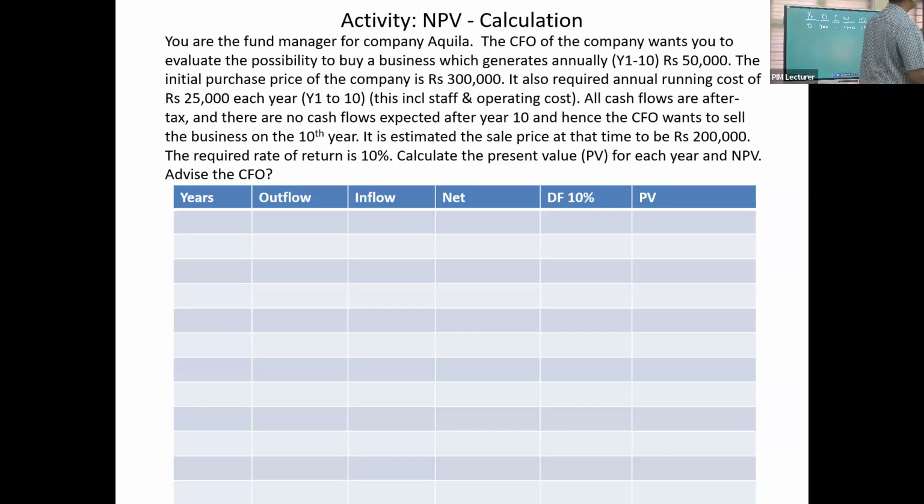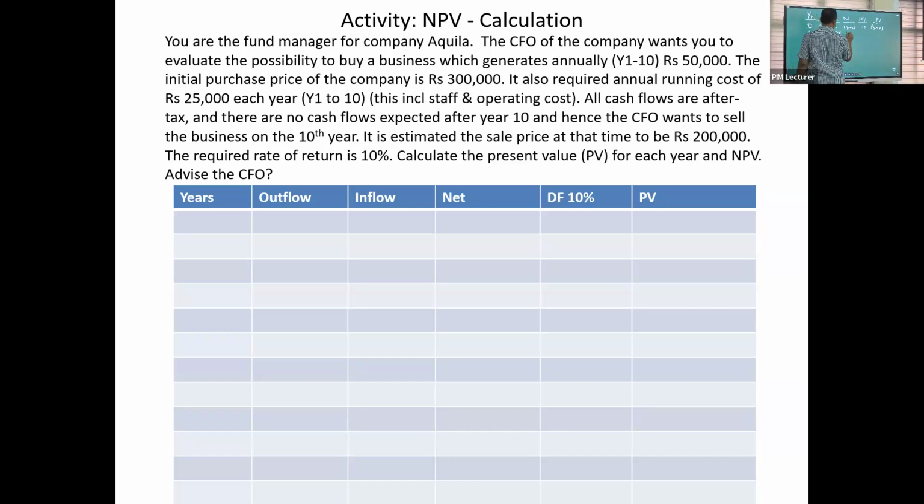Okay. Year 2. Sorry, year 1. Outflow is... generate 50,000. So inflow is 50, outflow is 25.